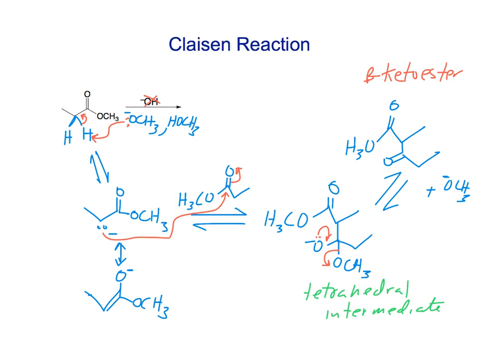I'm going to loop back here. Remember that the alpha position between an ester and a ketone is more acidic than an alcohol is, or more acidic than water is. That means that the conjugate base of water or of an alcohol is a strong enough base to deprotonate that alpha position.